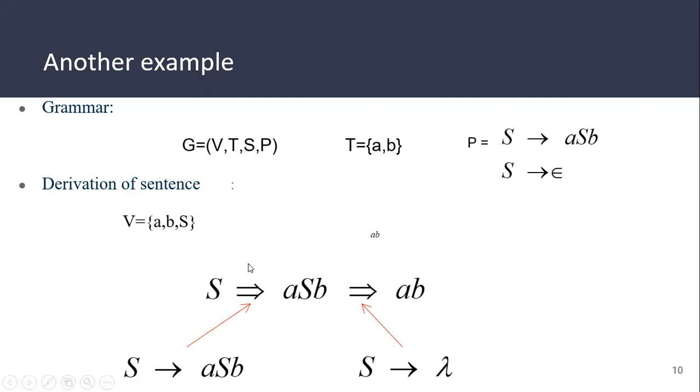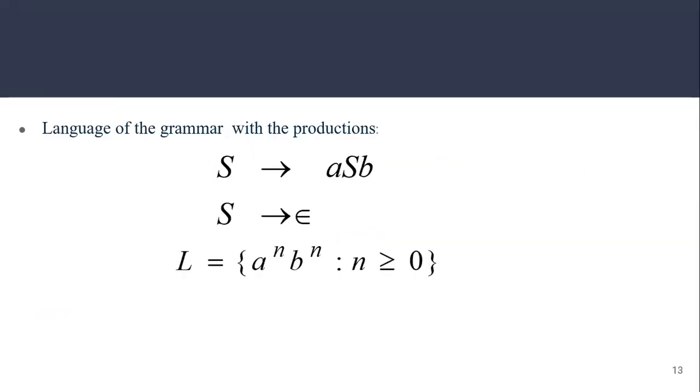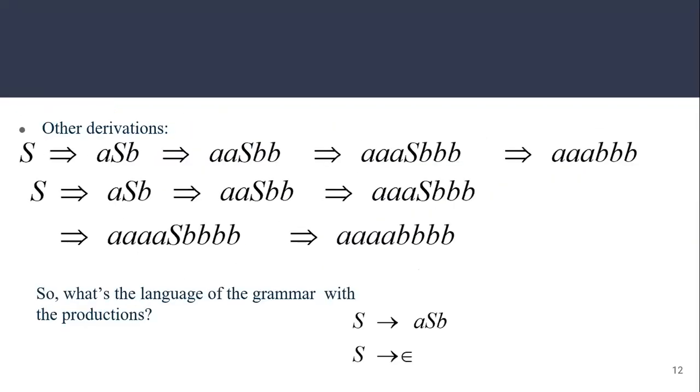Now we move on. What language are we producing with this given production? First of all, we take S produces aSb.